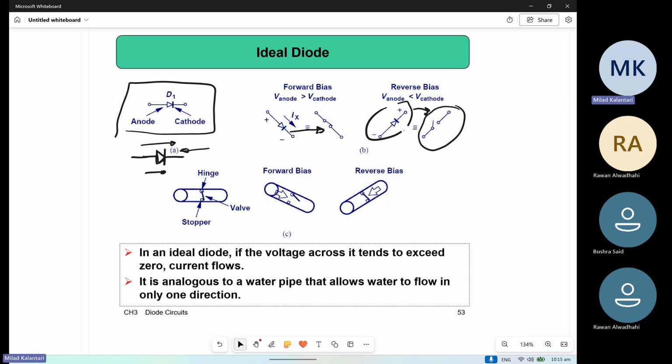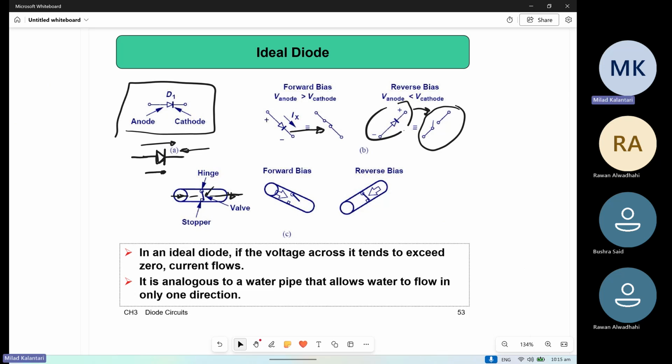Say you have a pipe with a valve internally. Once the flow of water passes from this side, it can push the valve and open it, so the water can pass.